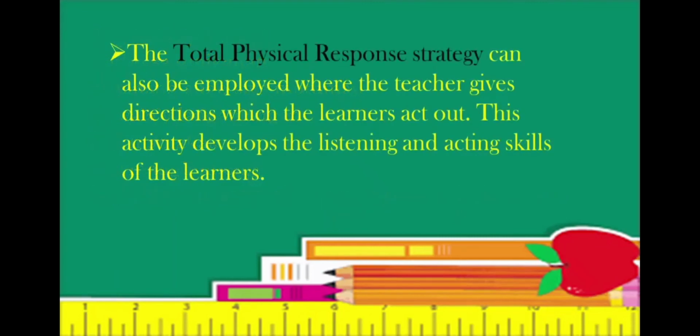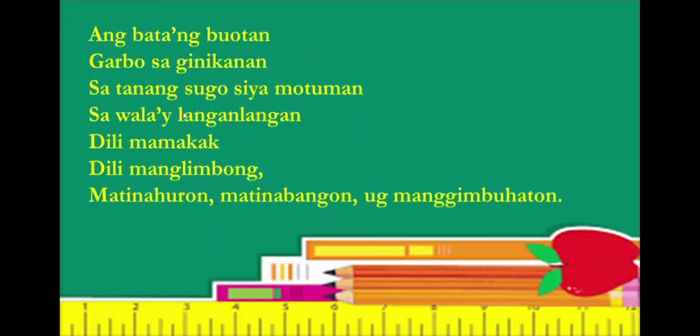In the word sa, in the word walay, and in the word langan-langan. So in the word sa, it has only one syllable. It has a vowel sound of a. In the word walay, with two syllables and two vowel sounds. In the word langan-langan, it has four syllables with four vowel sounds of a. So that is an example of assonance.